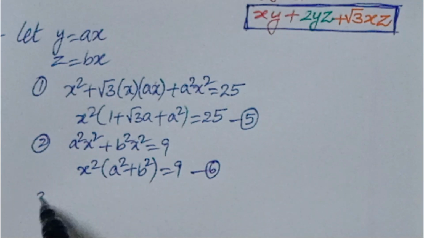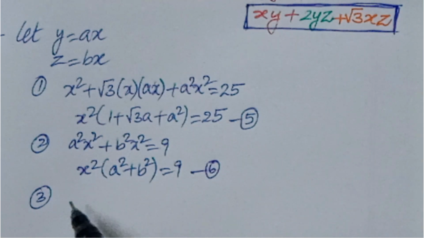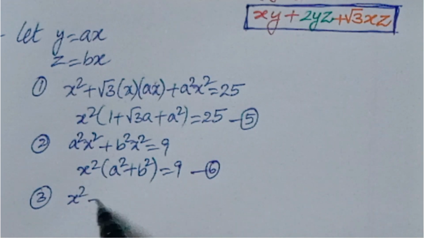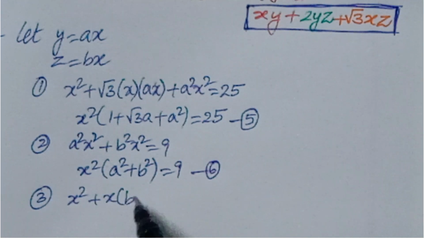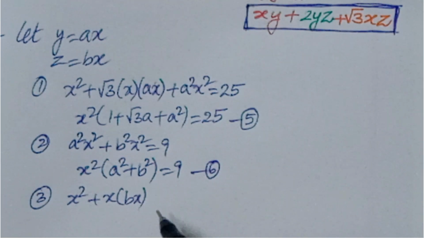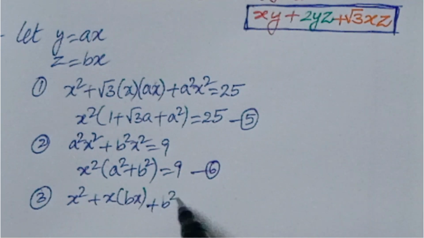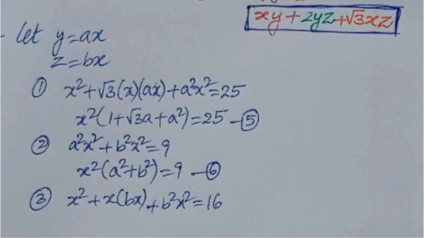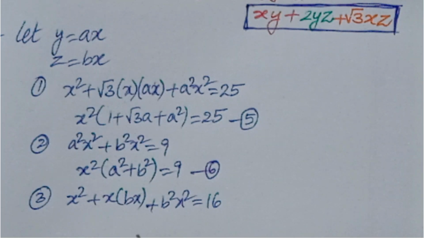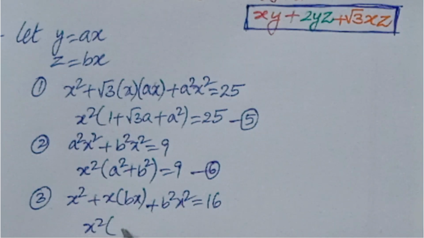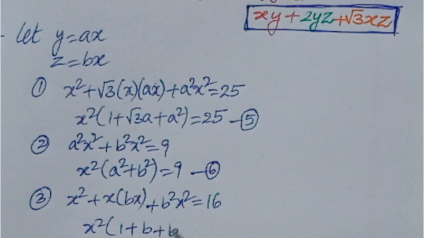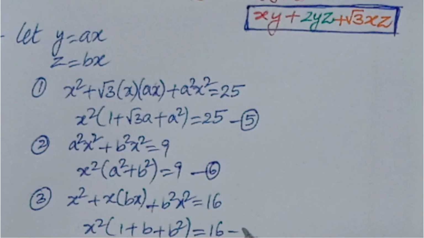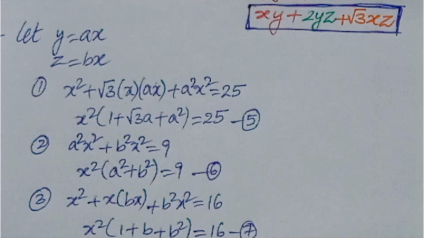Now if you take the third one, x square plus x into bx plus b square x square is equal to 16. So this can be written as x square into 1 plus b plus b square is equal to 16. Let it be 7 now.